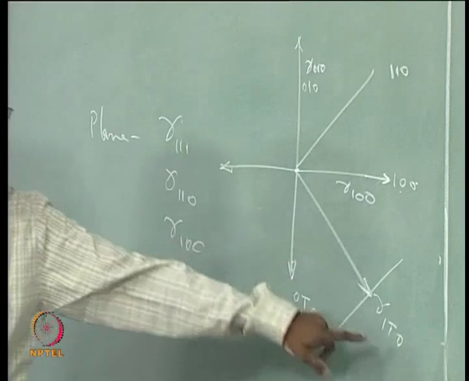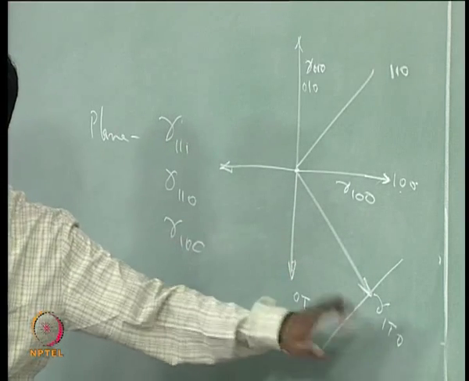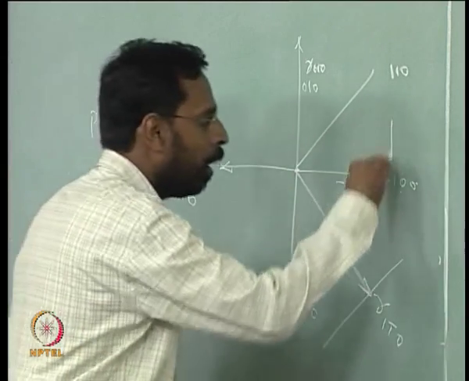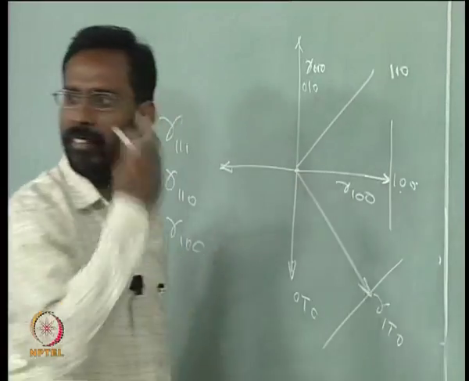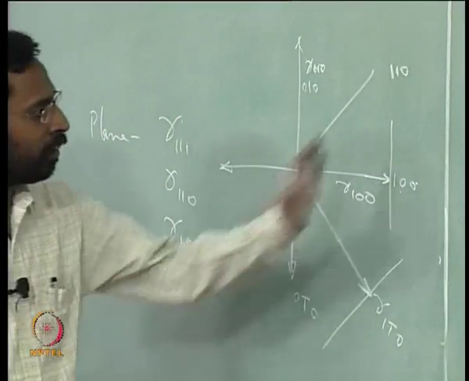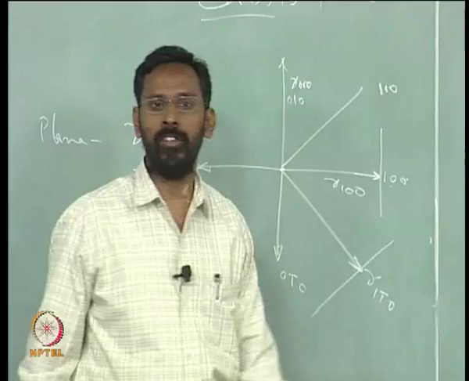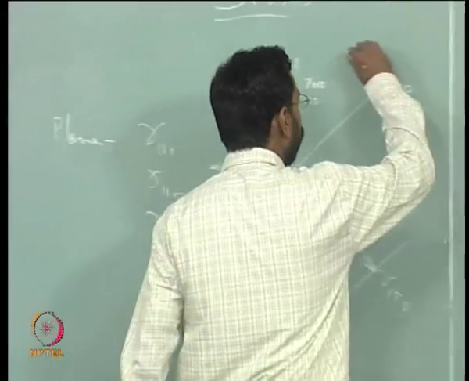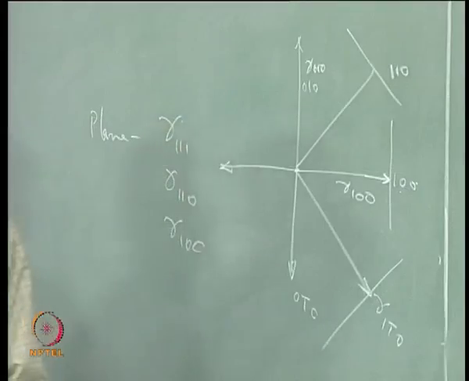Any vector for a particular plane, the perpendicular to it is actually that plane. If I draw a perpendicular surface like this, that surface is a 100 surface, and similarly a surface here I can think of as a 110 surface.